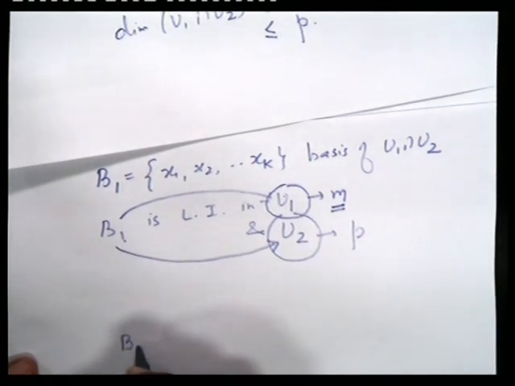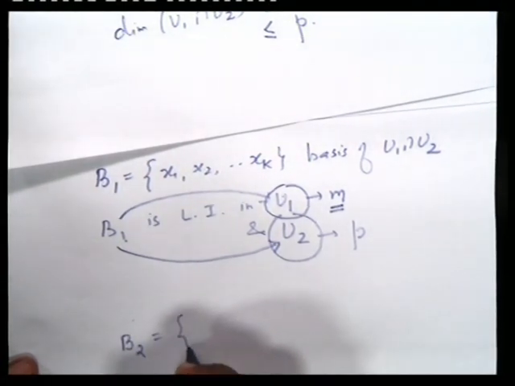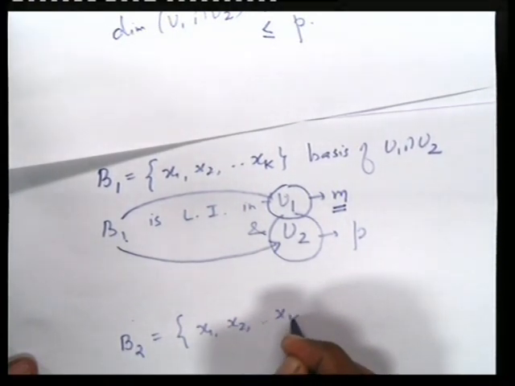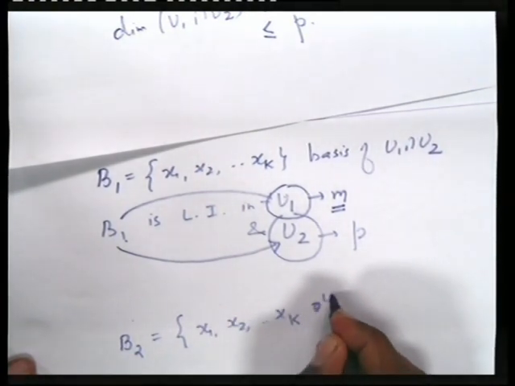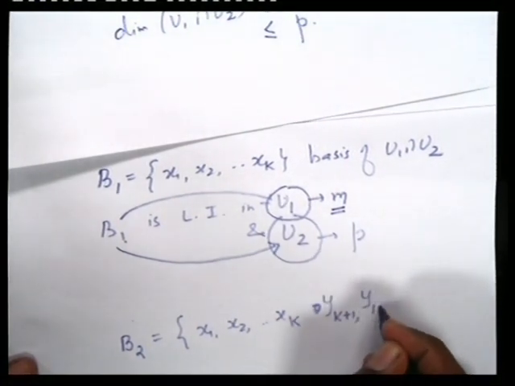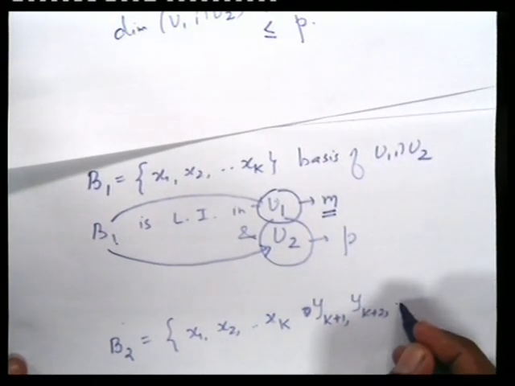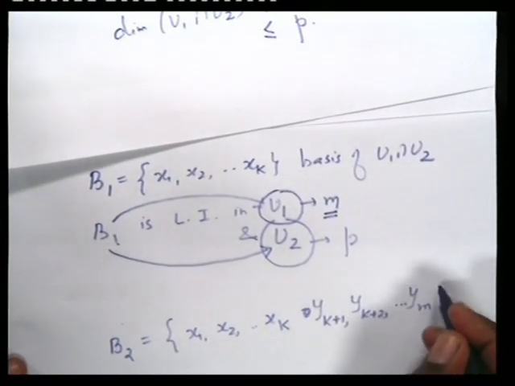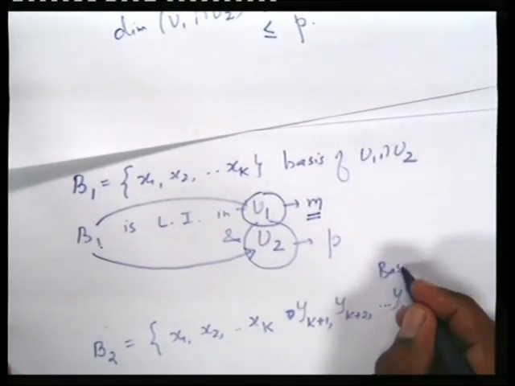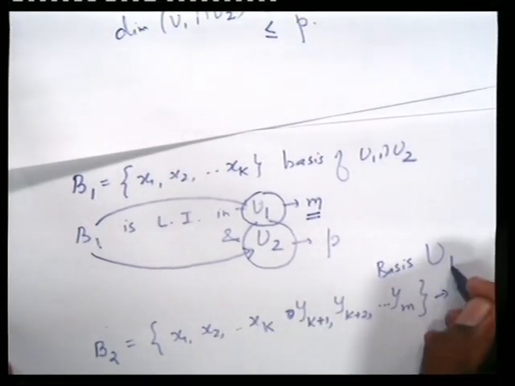Say we are expanding B1 as x1, x2 up to xk, and adding the vectors yk plus 1, yk plus 2 up to ym so that this is a basis for U1.